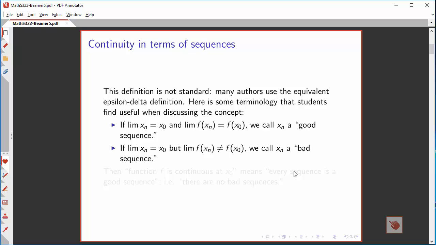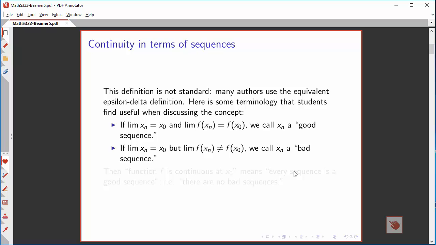However, it's possible to have a case where the sequence x sub n converges to x naught. The function f can be evaluated on all the x n's. It can be evaluated on x naught, but if you take f of x sub n and form the limit of that sequence, it's different from f of x naught.